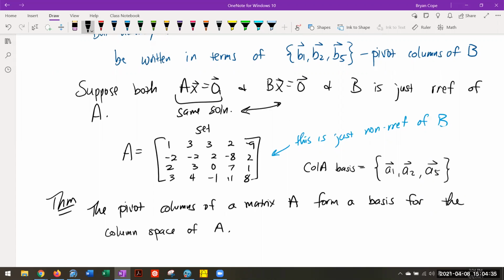Okay, all that theory, all that discussion, all that building up leads us to this: Mr. Cope asks for a basis for the column space. You ref, you see which columns are pivot, and you go back to your original matrix and list those columns as your basis. That's it. Can we write down the steps? Sure.